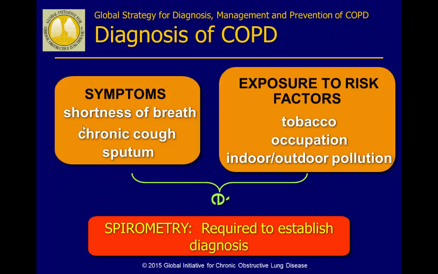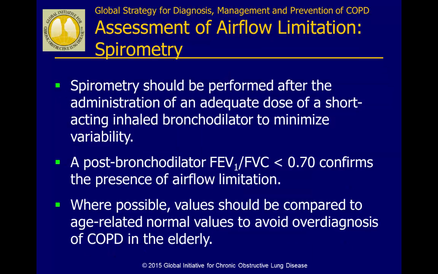Again, symptoms: shortness of breath, chronic cough, abundant sputum production, the exposure to the risk factors that we have discussed, including, remember, tobacco abuse, and spirometry is required to establish the diagnosis.